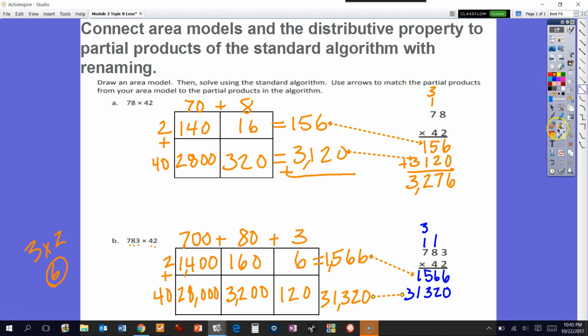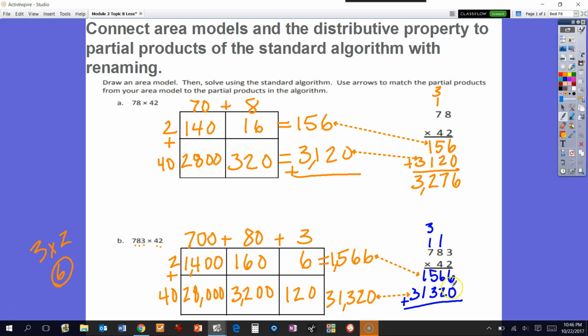Again, now I add my two partial products. Make sure my ones line up. That's 6 ones, 8 tens, 8 hundreds, 2 thousands, and 3 ten thousands. So my answer for B would be 32,886.